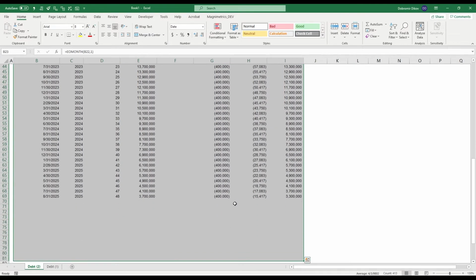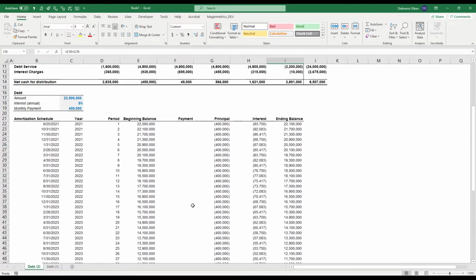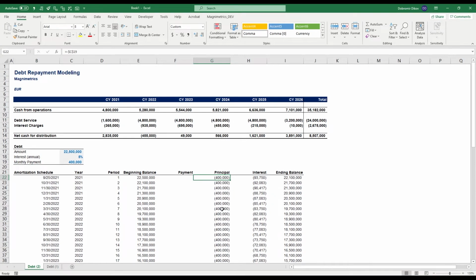and we're going to see at some point that our ending balance starts to become negative. The problem is that we're in no way checking what's left to pay before we deduct our principal. So let's go ahead and extend this formula and say, okay, if our monthly payment, fix it with F4, is below our current beginning balance, then give me minus our monthly payment, fix it with F4, otherwise give me minus our remaining balance.